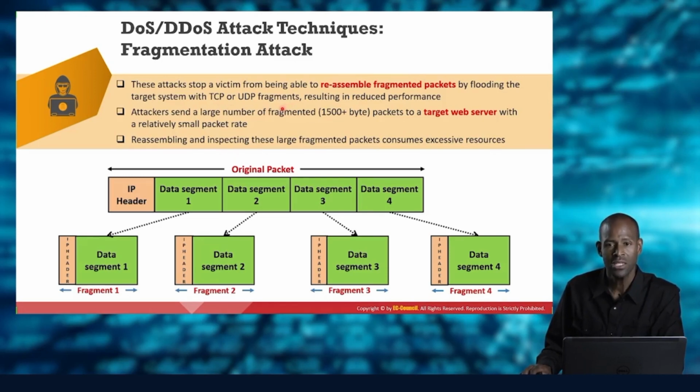And so the attacker sends huge numbers of fragments to the target. Usually it's going to be a web server. But the reassembling of these packets, putting them back into the actual full packet, takes up so many resources because they're just being sent over and over and over again that the destination device gets stopped from doing any other work.